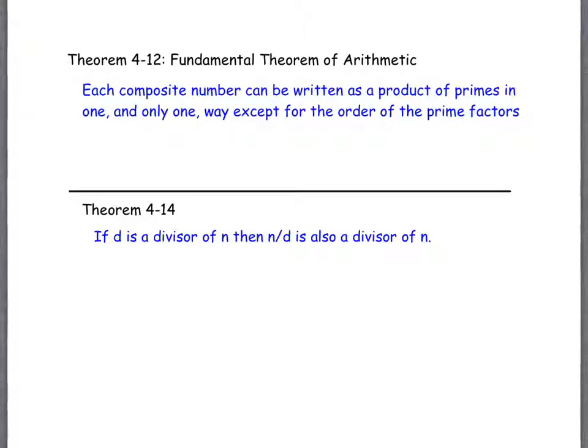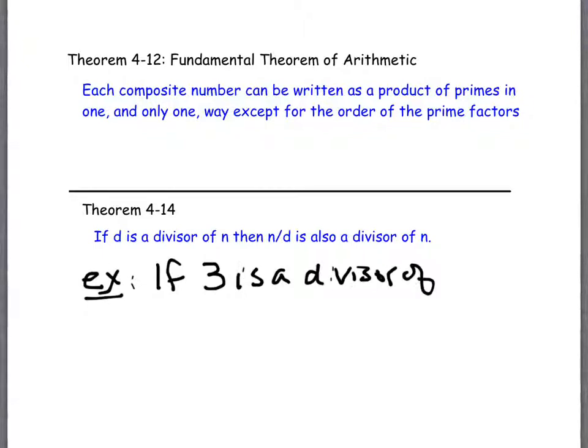The next one says that if D is a divisor of n, then n divided by D is also a divisor of n. So let me give you an example of what that's talking about. So let's say we've got 3. So if 3 is a divisor of 24, is 3 a divisor of 24?